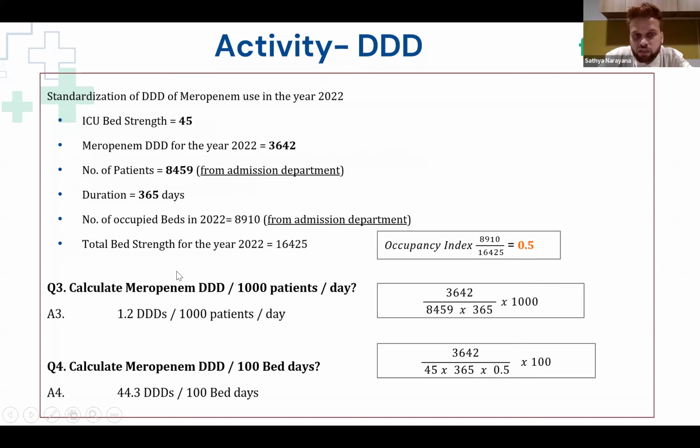Occupancy index is nothing but the total strength, which is 16,425, and the number of occupied beds in 2022 is 8910. So we'll be taking these occupied beds as the numerator and the total strength as the denominator, and the ratio obtained here is used for calculating the equation. So in this way we'll be doing the activity.